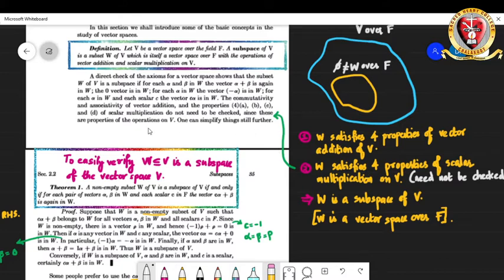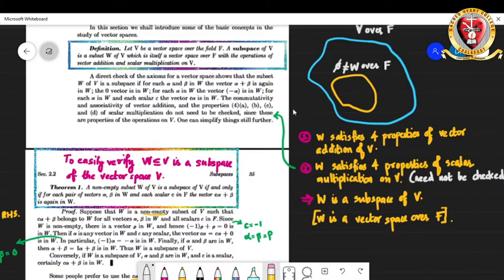Because the property of the operation is the property that is happening inside V itself. So no need to bother to check for that. So that's how we summarize it.